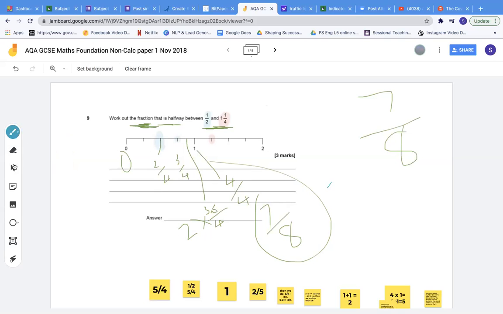Can you see now that you must make sure you are plotting the half and you are plotting the 1/4. This is why you're going to the halfway point between 1/2 and 1/4, and why you're going between 3/4 and 4/4 to give you 3.5 to get you 7 over 8.